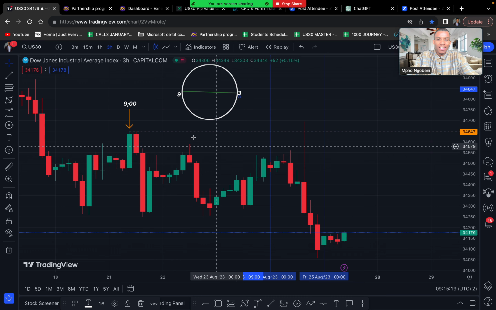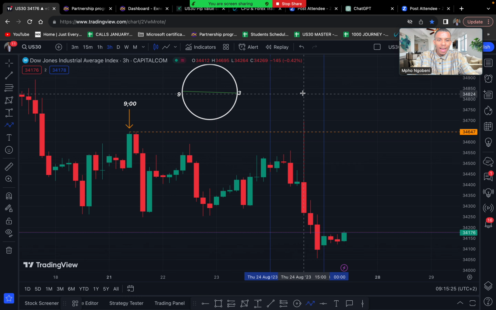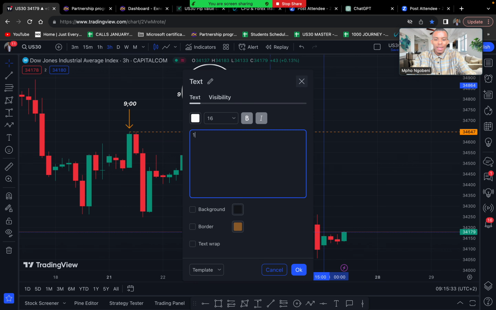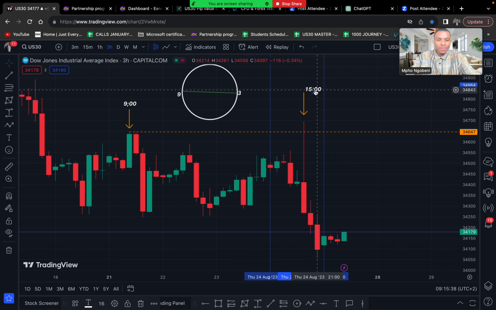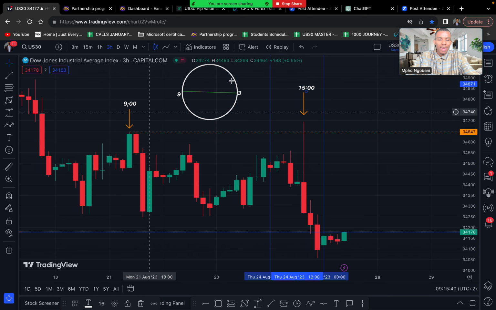So if we check here, this was 9, so we expect 9 or 3 to come this side. If we look at the time that came there, as you can see, it was 3 o'clock. So that was a nice entry using time zone pairs, a 9 and 3 pair.